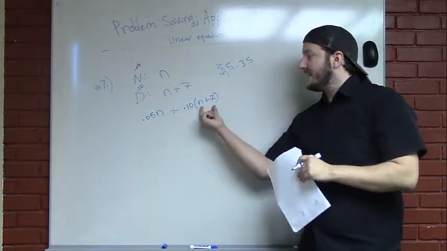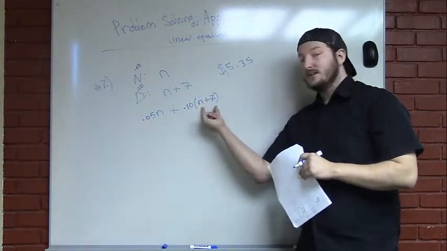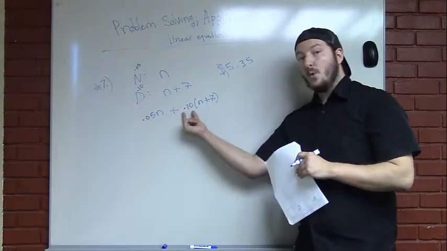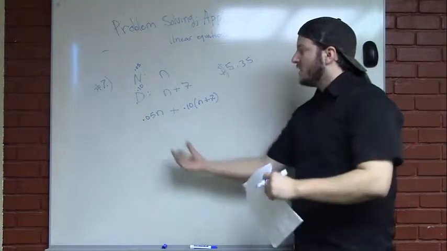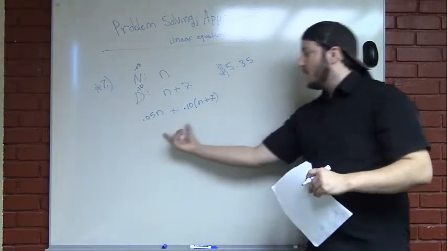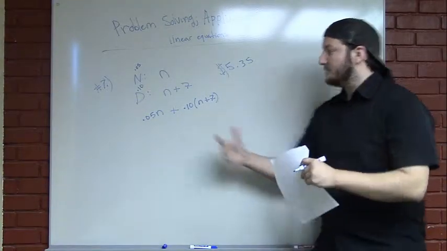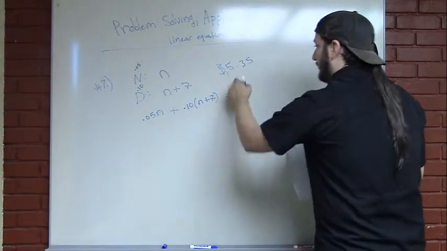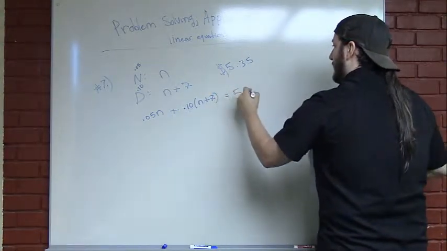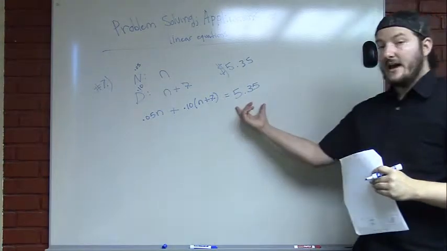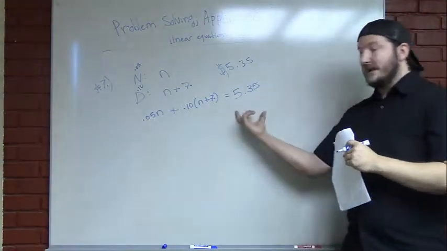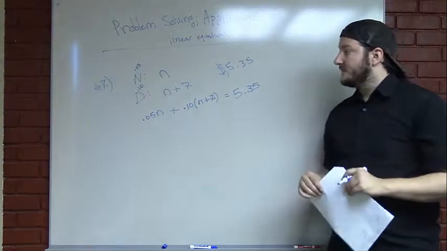Because however many dimes she has, multiply that by 0.10, 10 cents, and that'll tell you how much money you have. So how much money she has in nickels plus how much money she has in dimes should equal the total amount, $5.35, okay? And that is how we relate all the information they gave us.